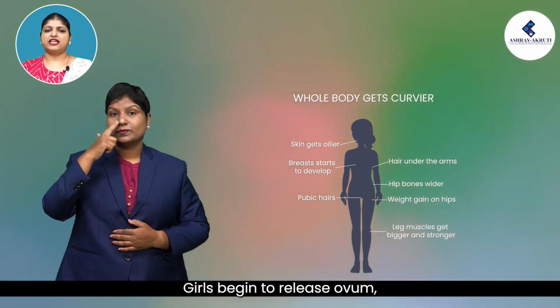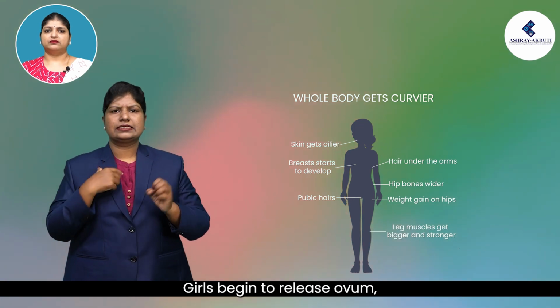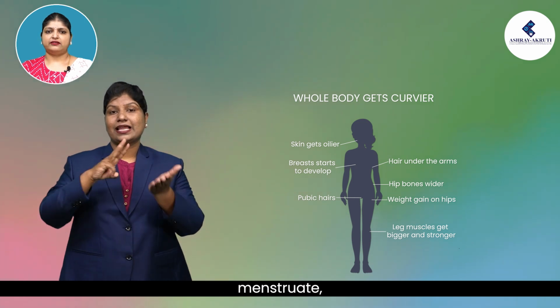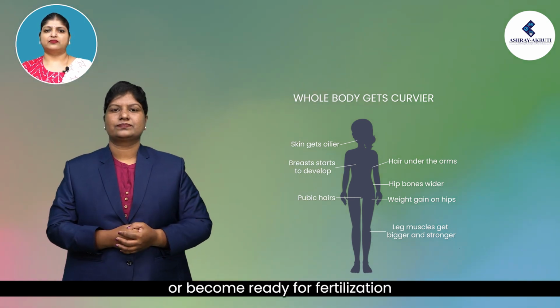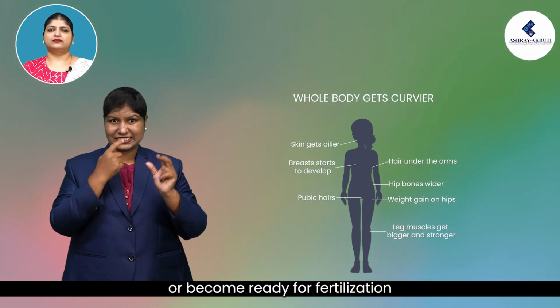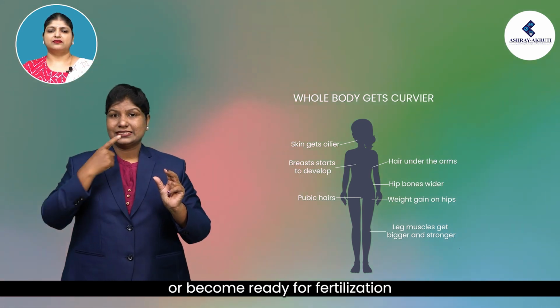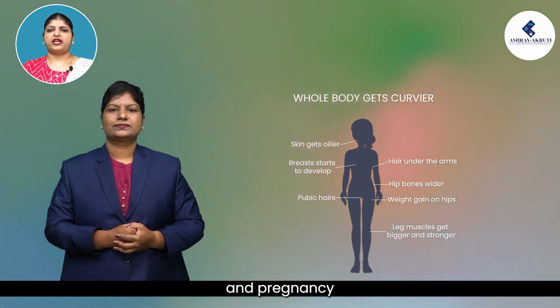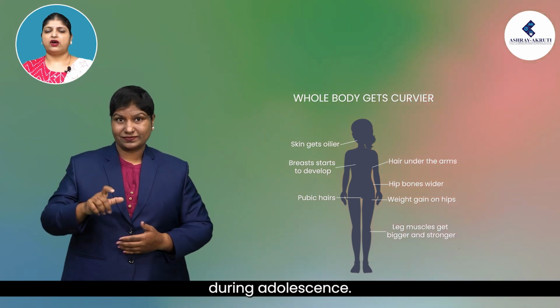Girls begin to release ovum, menstruate, or become ready for fertilization and pregnancy during adolescence.